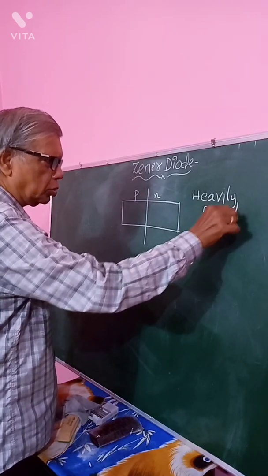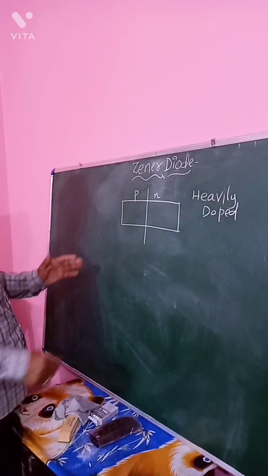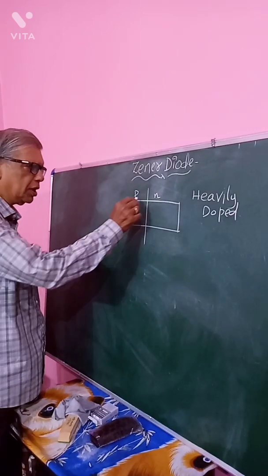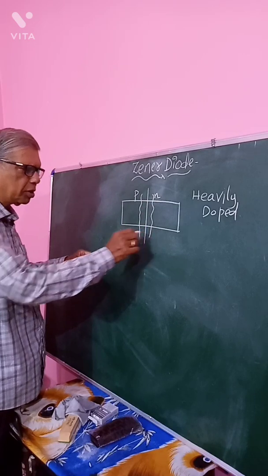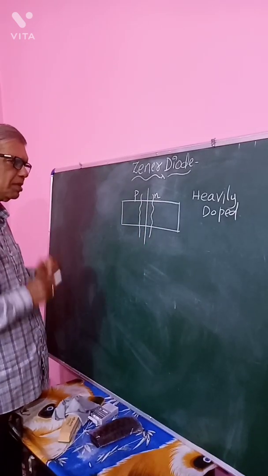heavily doping? Now, due to the heavy doping, the thickness of the junction or width of the depletion layer is very small.